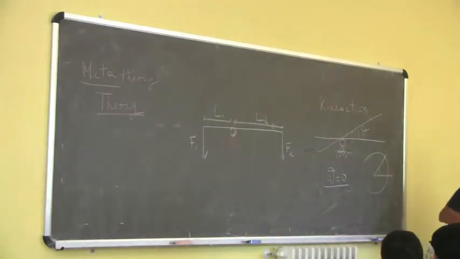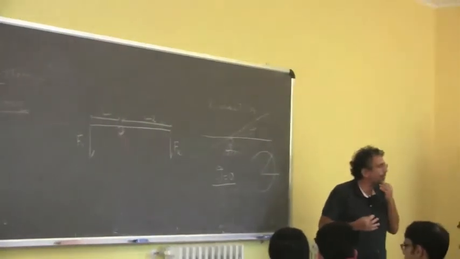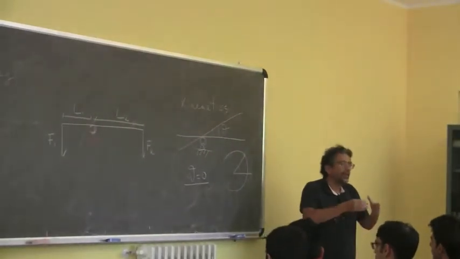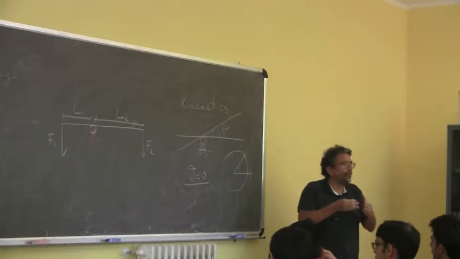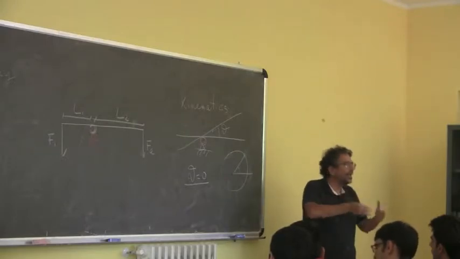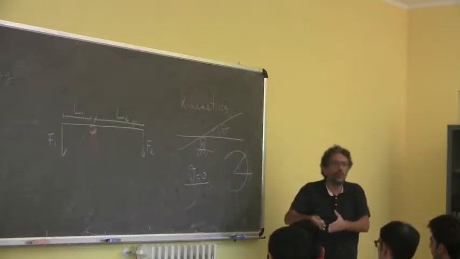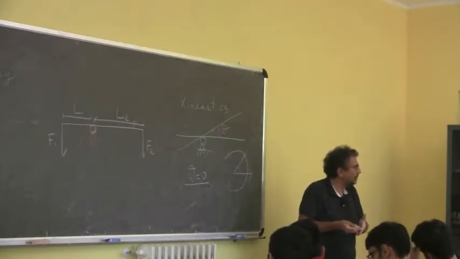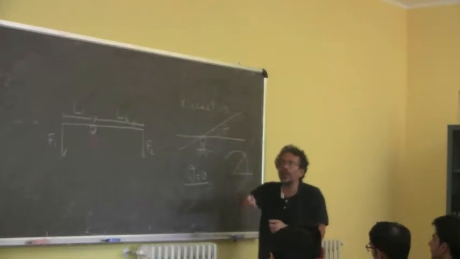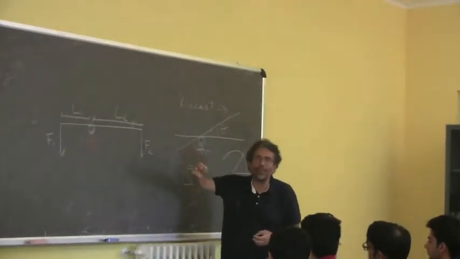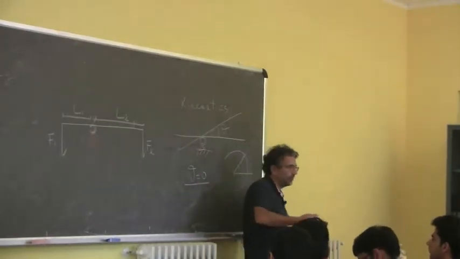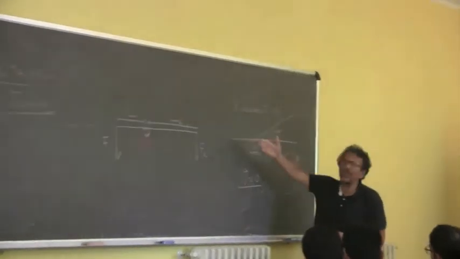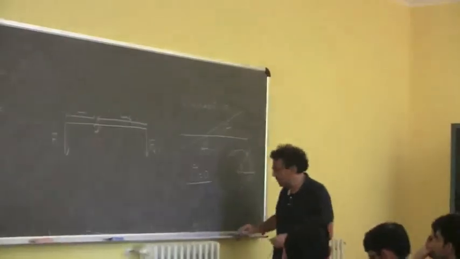So I want to apply the principle of virtual work also for describing the biological phenomenon leading to the equilibrium between a predator and a prey. I don't want to apply it only to the equilibrium of a mechanical system. So it is a very general idea. Now let us see how we can proceed.